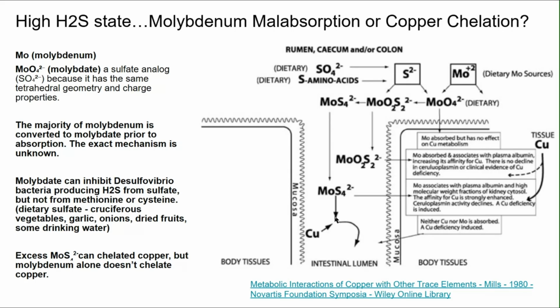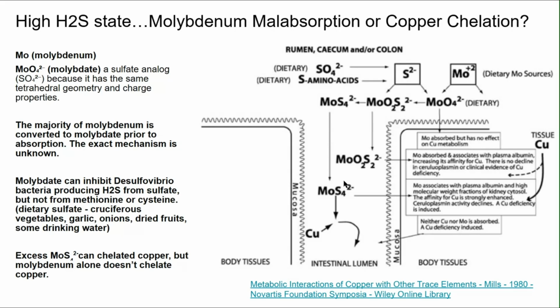So in theory, what you would do is you would try to take your copper or eat your copper foods away from foods that have molybdenum, which is kind of hard because some of the copper foods might contain molybdenum. So it'll take a little bit of working out to figure out what's going on with that.